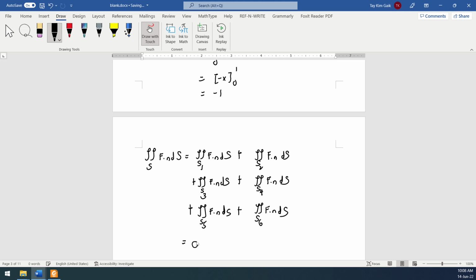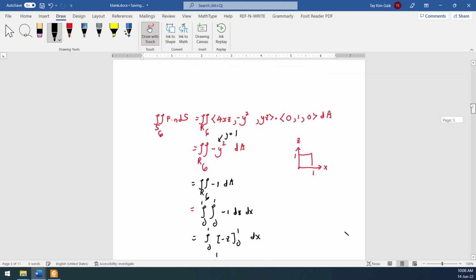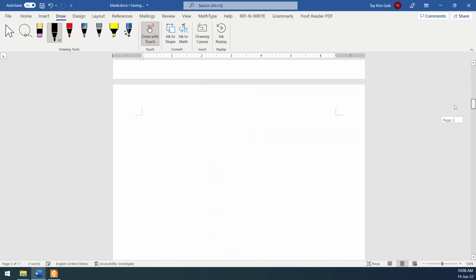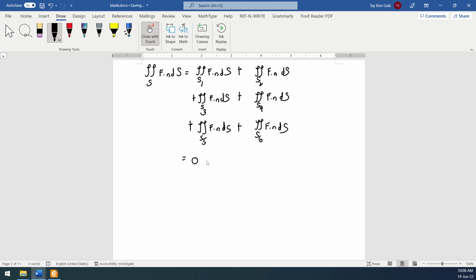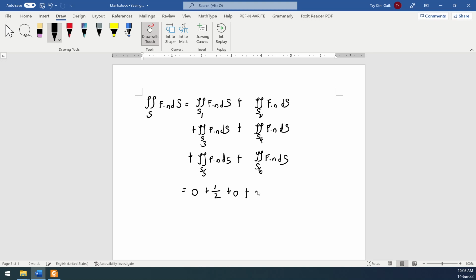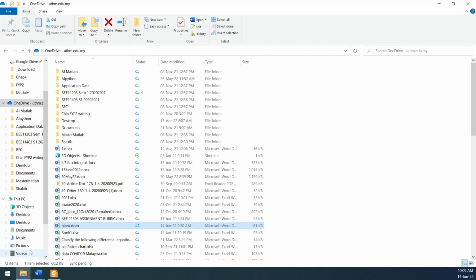If I'm not mistaken, the first surface is 0. The second surface answer is half. The third surface is 0. The fourth surface, if I'm not mistaken, the answer should be 2. Two, Doctor. The fifth is 0. The sixth is negative 1. So add up 3 over 2. Right, 3 over 2, which tallies with the method that you obtained using the Gauss divergence theorem just now. Okay, Doctor.